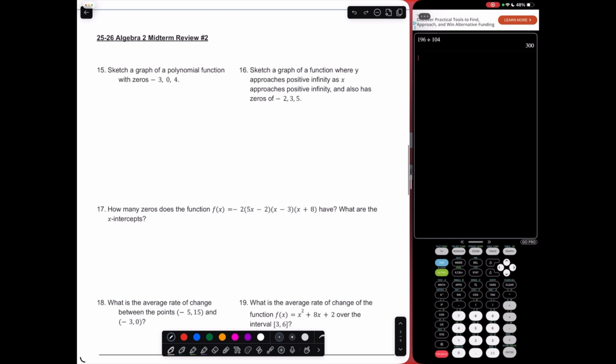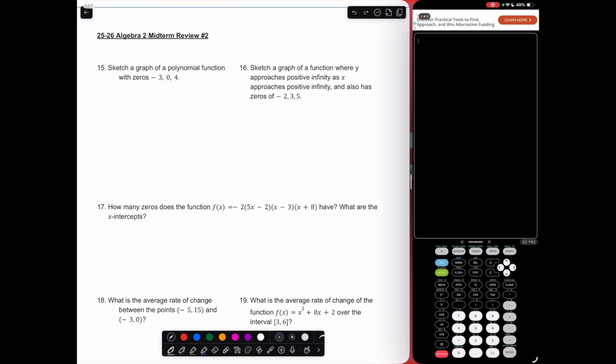All right, 15 and 16, they are asking us to sketch a graph of a polynomial function with zeros at -3, 0, and 4. This one's a bit easier because we don't really have to worry about anything other than the zeros. Zeros mean where the graph crosses the x-axis.